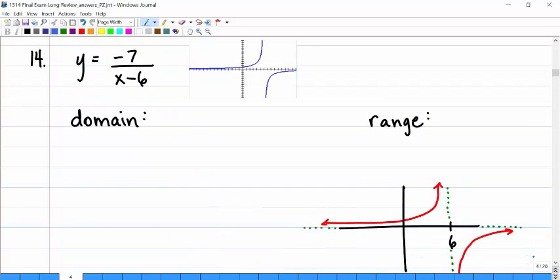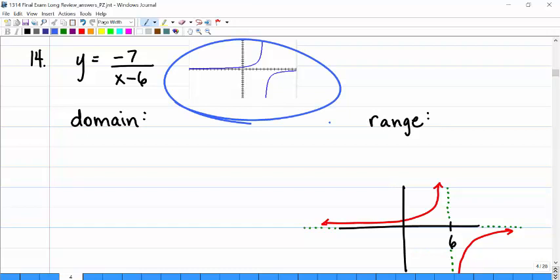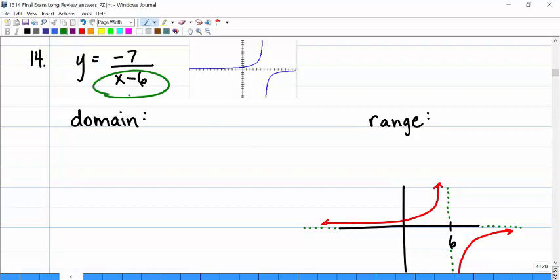Number 14, it wants the domain and the range of the function y equals negative 7 divided by x minus 6. Since I have technology in my hand, I went over and graphed that function on my graphing calculator just to get a quick sketch of it in my head. Now I'm going to go back over to my skill set and recognize that the denominator of a rational function cannot equal 0.